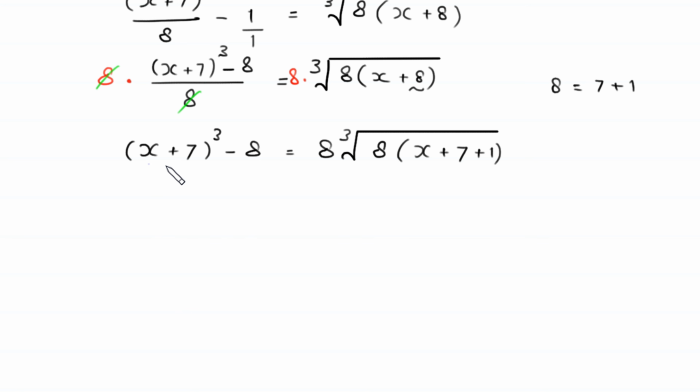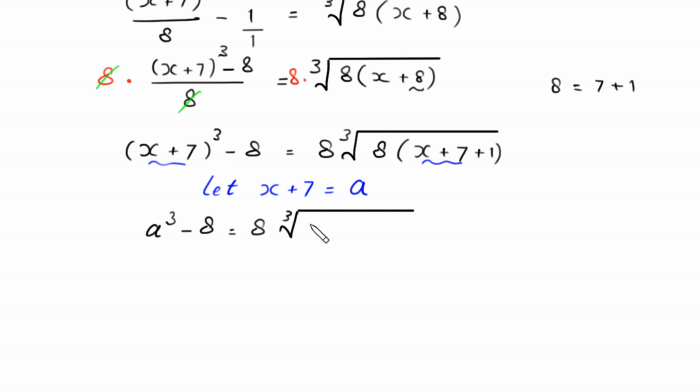Now here we have x plus 7 and here we have x plus 7, so we suppose that let x plus 7 is equal to a, then this equation will become a cubed minus 8 is equal to 8 times cube root of 8 times, in place of this x plus 7 we write a plus 1.